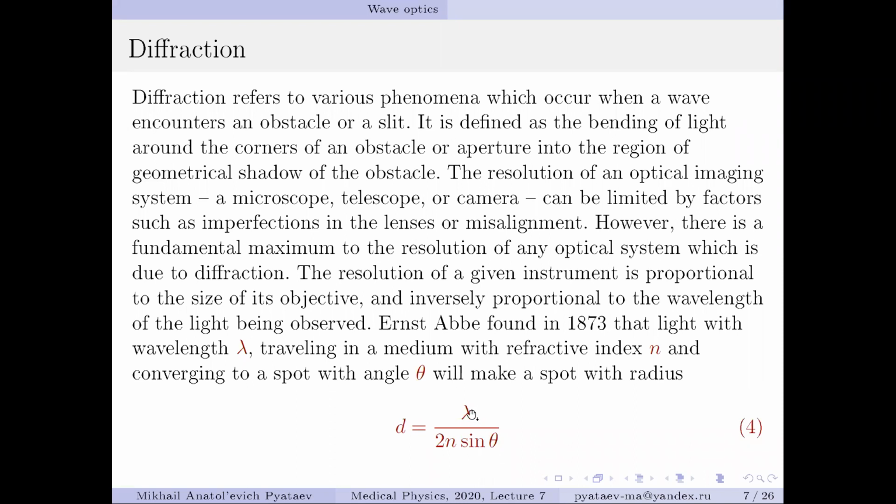You can see lambda is wavelength, and n is refractive index, sine theta.